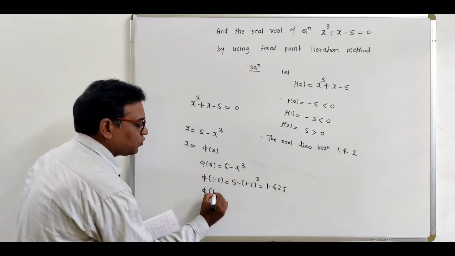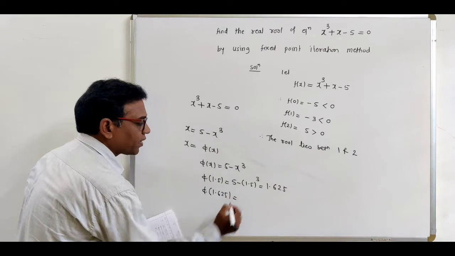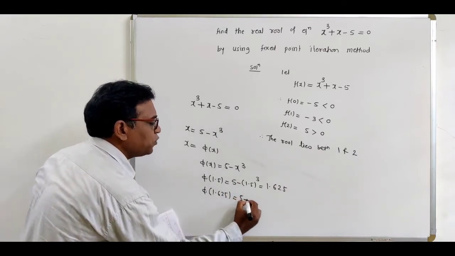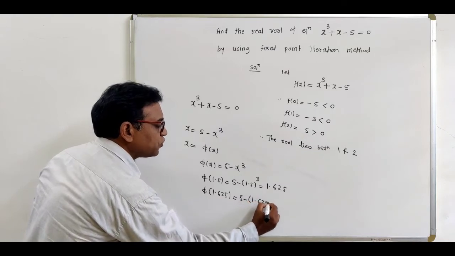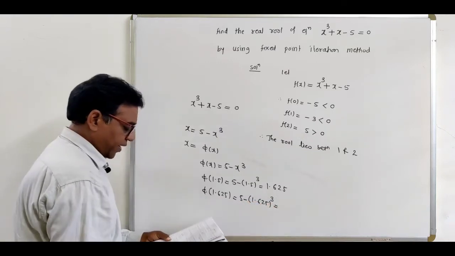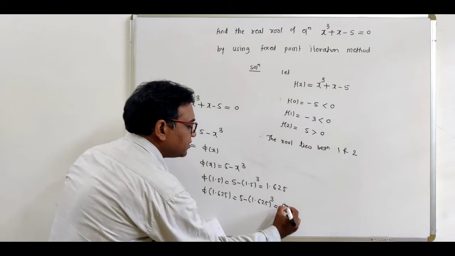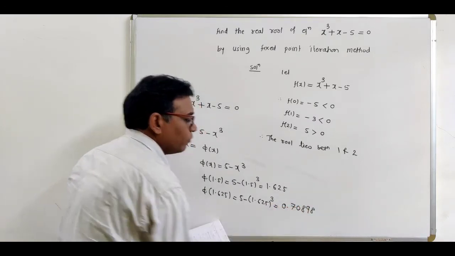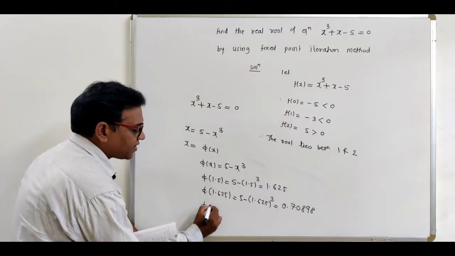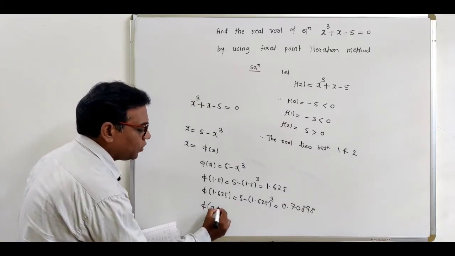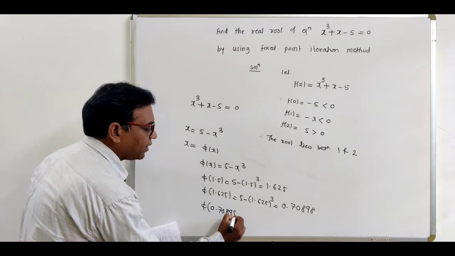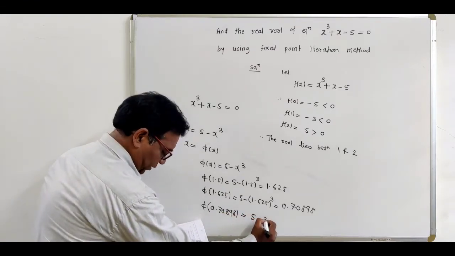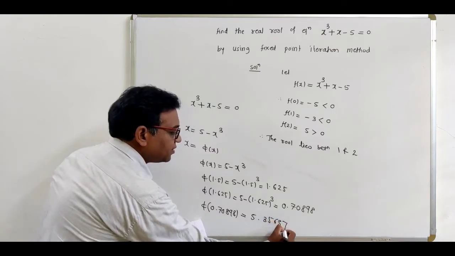Put x equal to 1.625. So this is 5 minus 1.625 bracket cube. What is this value? This is nothing but 0.70898. Find the next approximation, phi of 0.70898. So this value will be 5.035637.